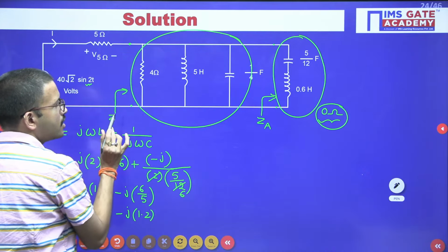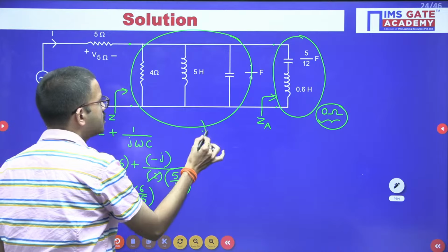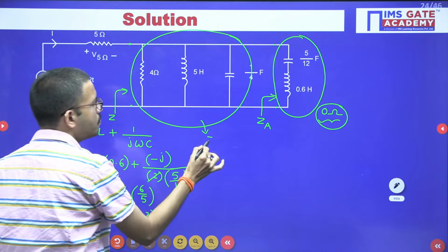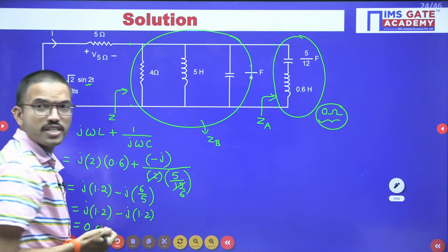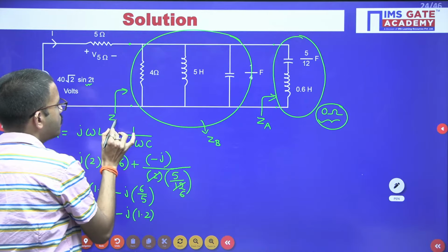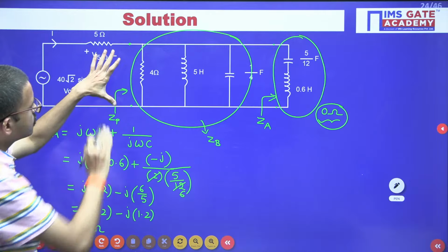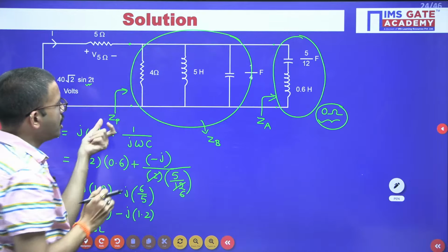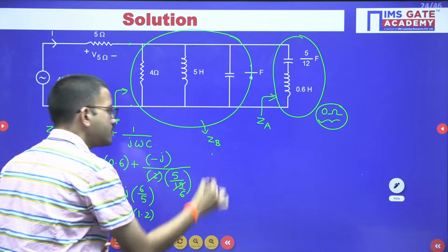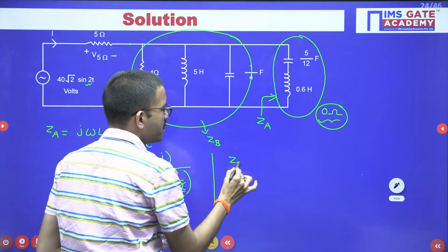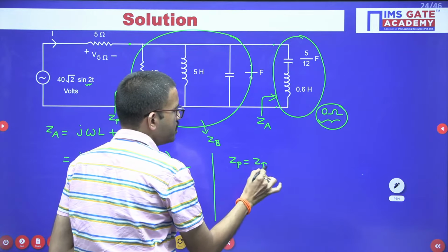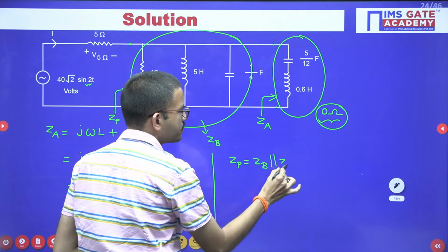So I hope all of you are getting clarity. For the time being, this overall network's impedance I am calling, say for example, ZB. And I am labeling the equivalent impedance to the right of this entire network as Z suffix P. So ZP equals ZB parallel to ZA.